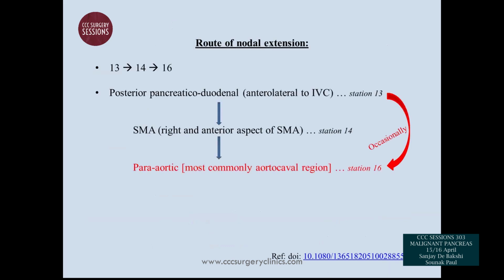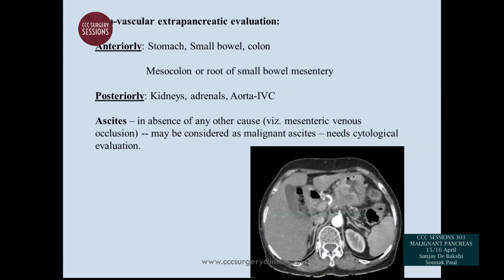The common route of involvement of the para-aortic lymph nodes is from the posterior pancreaticoduodenal via the superior mesenteric arterial lymph nodes to the para-aortic lymph nodes. However, occasionally the lymph nodes along the superior mesenteric artery are skipped, and there is direct extension of the posterior pancreaticoduodenal lymph nodes into the para-aortic lymph nodal station.